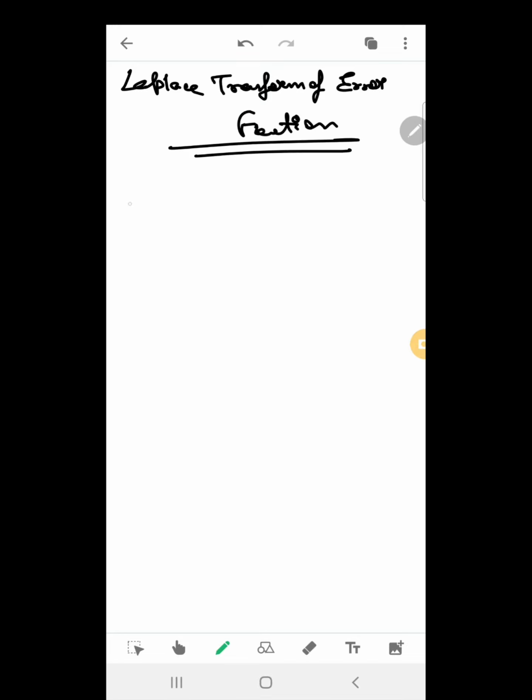So, Laplace transform of the error function. What is the Laplace transform of the error function?